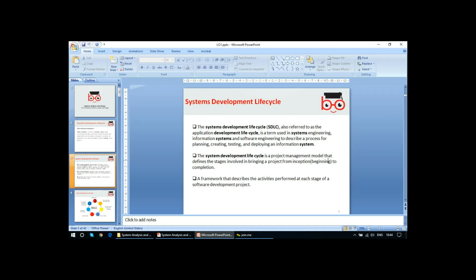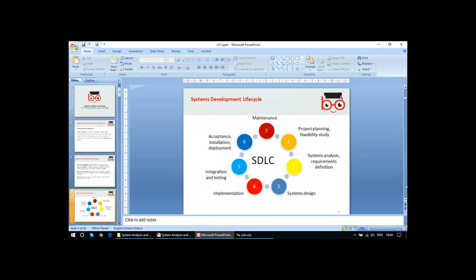Basically, it's a project management model that defines the stages involved in bringing a project from inception to completion. A framework that describes the activities performed at each stage of software development. Obviously you cannot go ahead without a well-defined system development life cycle. Normally it starts with planning.